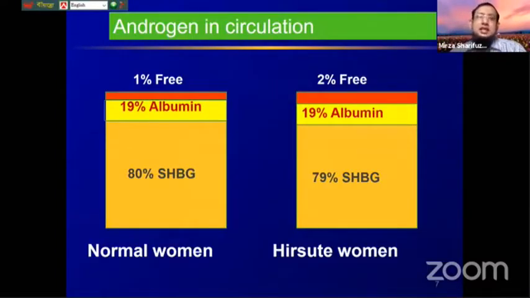As I mentioned earlier, androgen is mostly bound to sex hormone binding globulin, a few with albumin, and only 1% remains free. This free form is active and causes different actions, including hair growth. But in women with hirsutism, they have more free androgen in the circulation, so there will be increased hair growth.